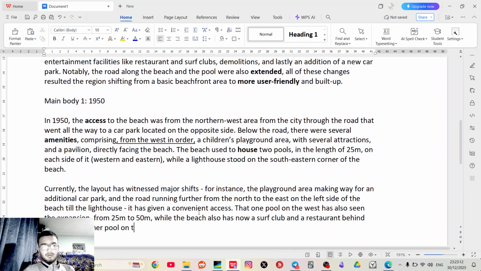Another pool on the east stays still at present, yet there is another surf club behind it.